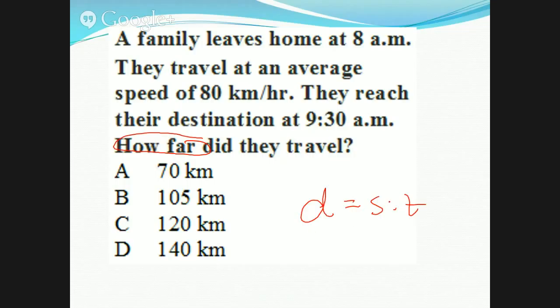So we have to look for a speed. Does anybody see a speed up on the board? Yes, 80 kilometers per hour. Does anybody see a time? There's really no time, but there is an interval. So how much time has passed between 8 and 9:30? 1 hour and 30 minutes. But we can't use minutes.